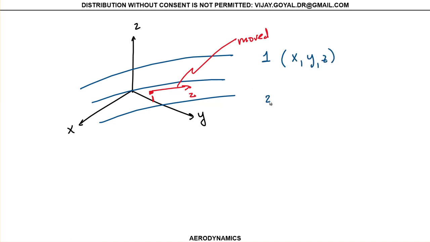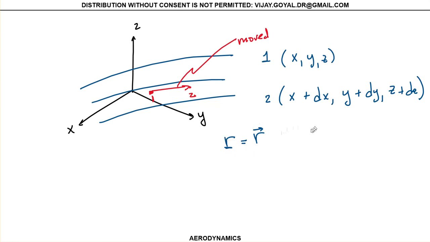At point 2, my new coordinate system, if you would agree with me, is x plus dx, y plus dy, z plus dz. Okay, so your vector, sometimes I'm going to use the notation vector like this. Sometimes I'm going to write the underscore underneath the variable.